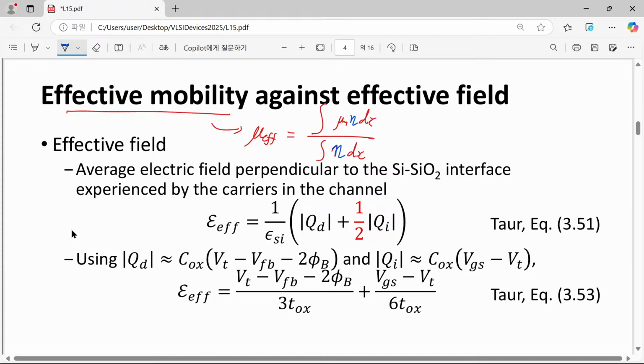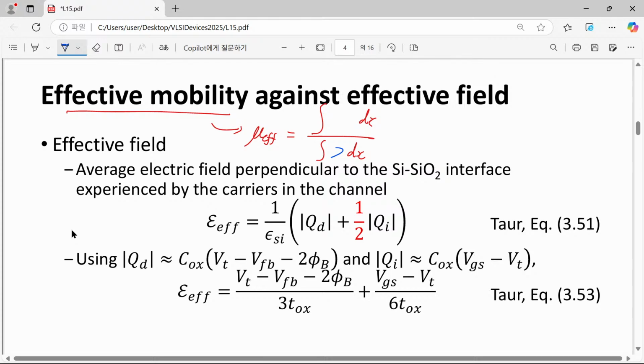Of course, you can also use hole density as your weighting factor, and hole mobility. Then you can also find the effective mobility for your hole gas. But in our case, usually electrons are the charge carriers, so we do not calculate the effective mobility of holes. Of course, that is calculated for our PMOSFET.